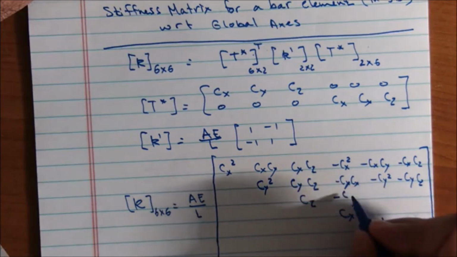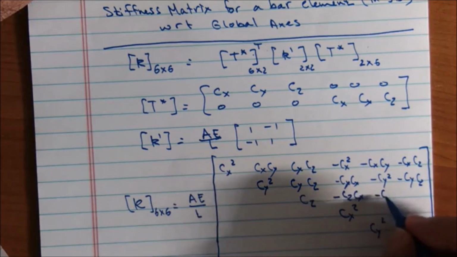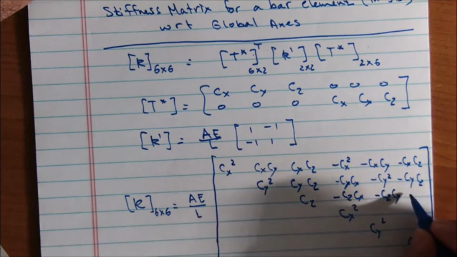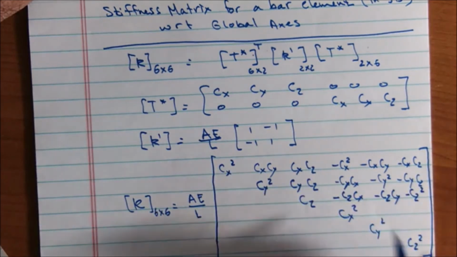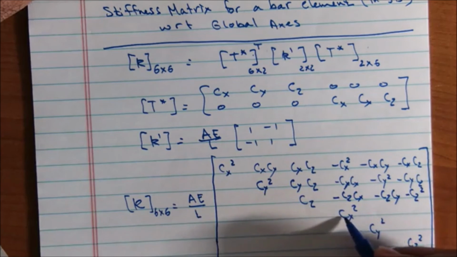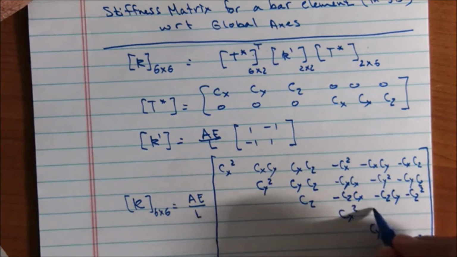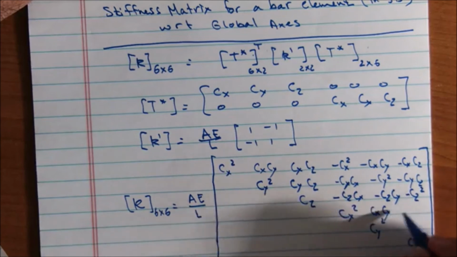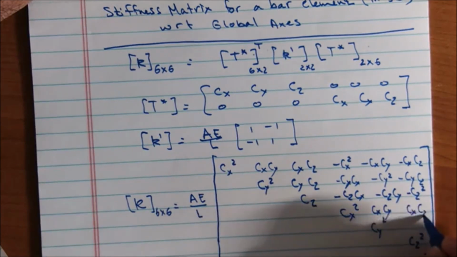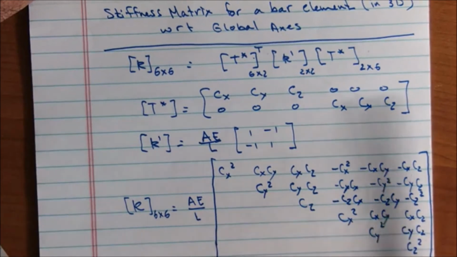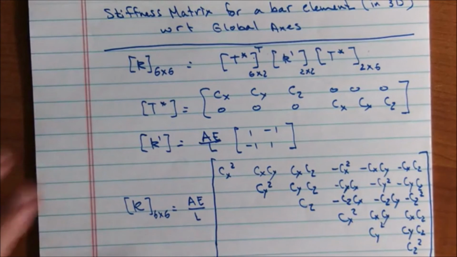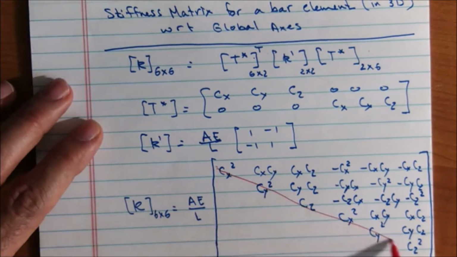Then minus CzCx, minus CzCy, and a minus Cz squared. And on the fourth row, fifth column, we're going to get CxCy and then a CxCz, and here a CyCz.